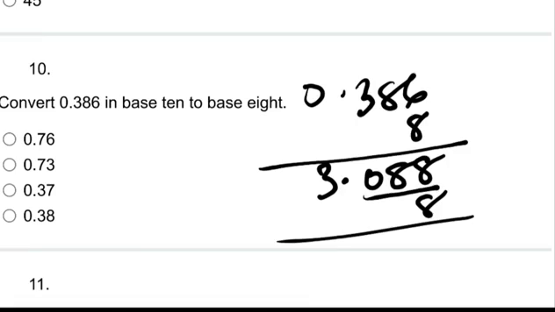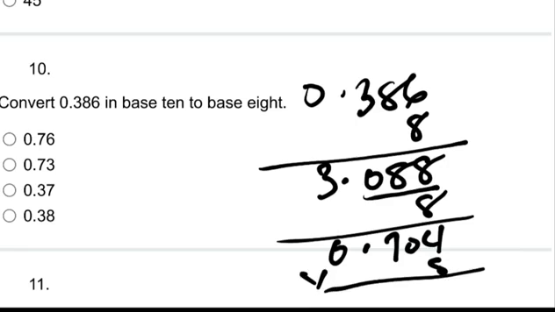That will be 0.088 times 8 again, that gives us 0.704. We multiply by 8 again. What do we have? That will be times 8, you have 5.632. So which means our answer will be 0.305.